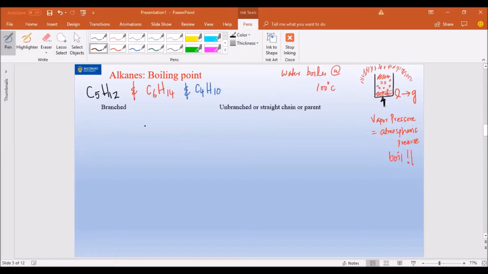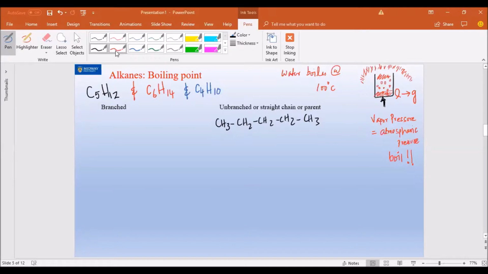So what I have done here is I've given you three different structures, and I have worked out a few structures in my previous videos for each of these three compounds. I'm going to write the unbranched for each of these. So for C5H12, I'm going to keep the colors the same. That's the unbranched, or straight chain, or parent.